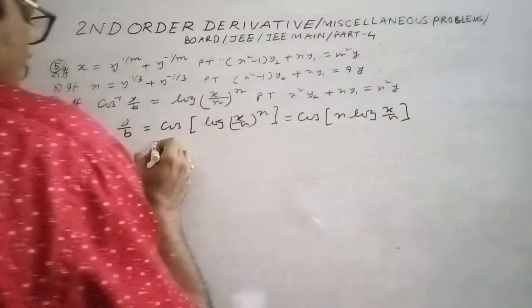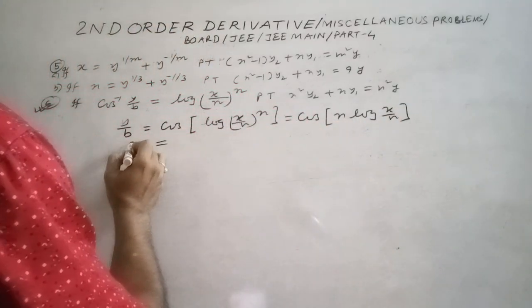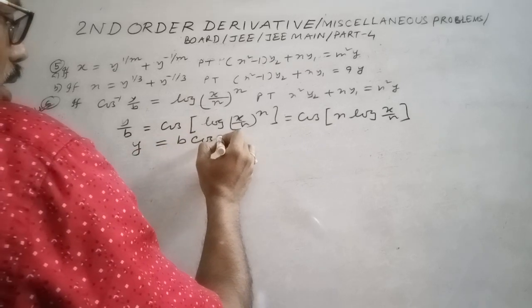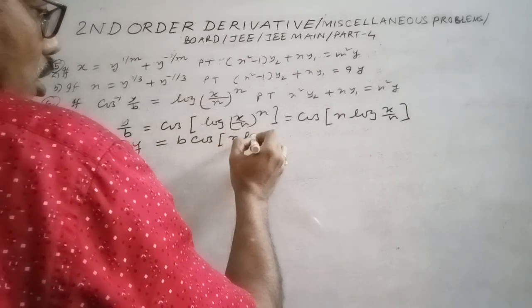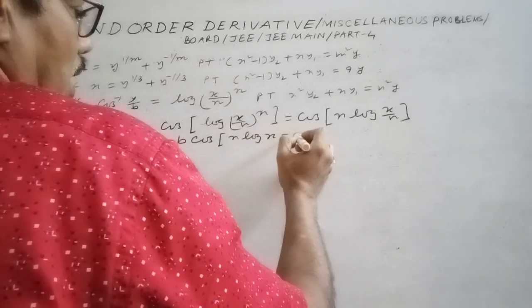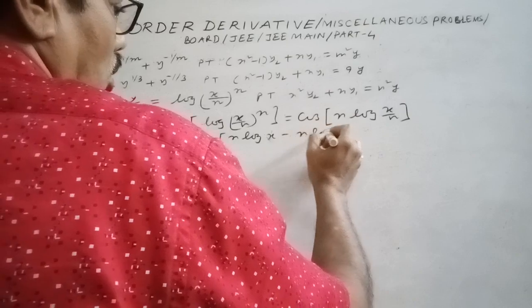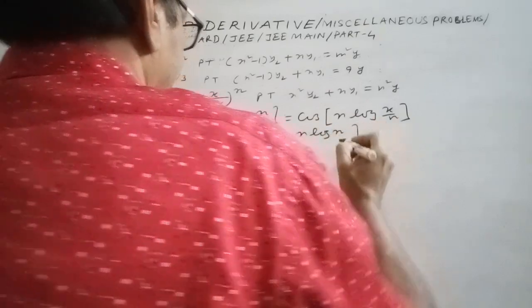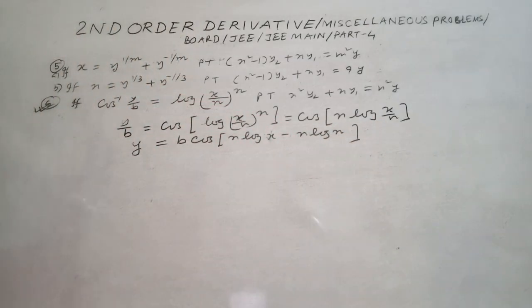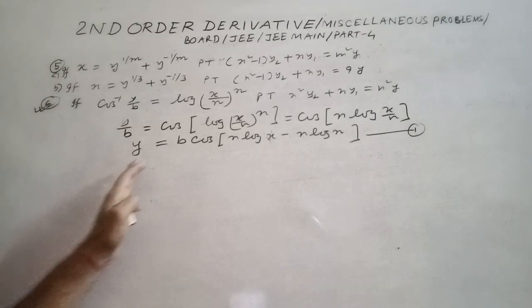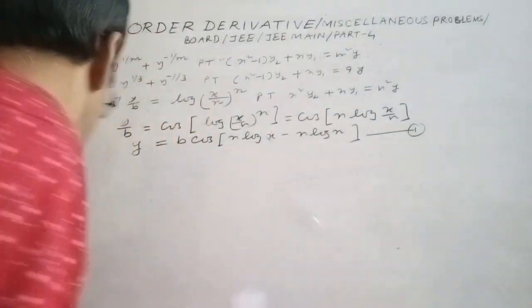By the rule of indices, it is again. So what is y? y equals b cos of (n log x minus n log n). So this is the expression of y in terms of x.